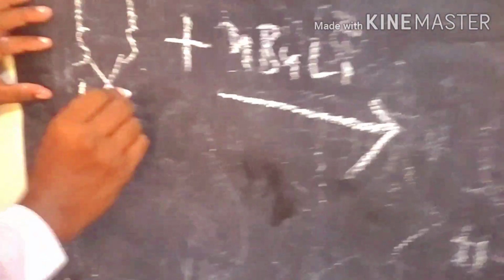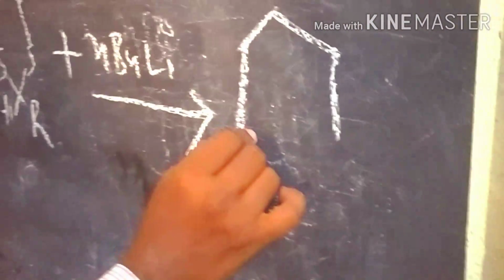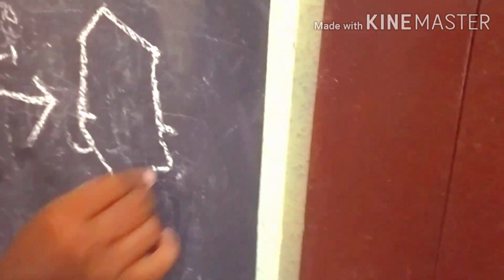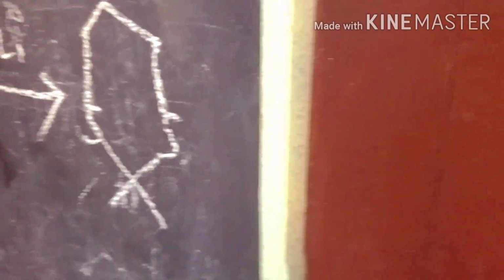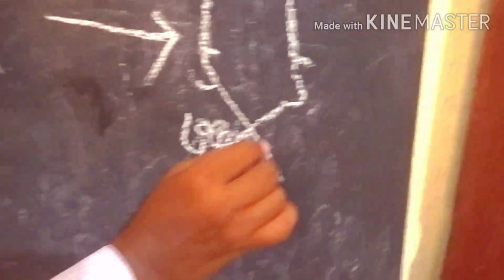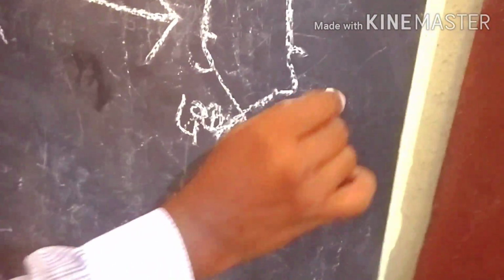Here one hydrogen is already replaced by the alkyl group. With n-butyl lithium, this proton is also replaced by lithium, lithium having a positive charge and the carbon having a negative charge. Here also it is the same.